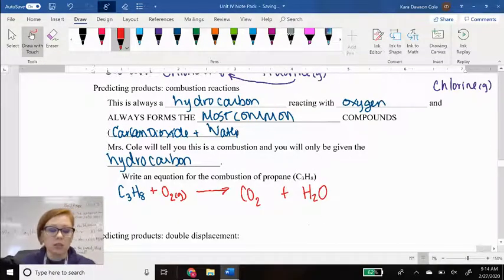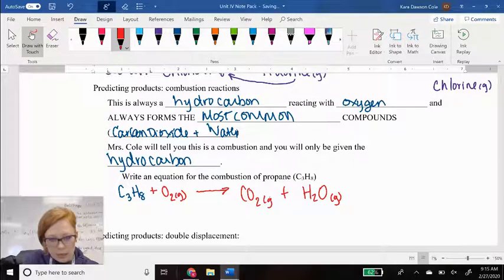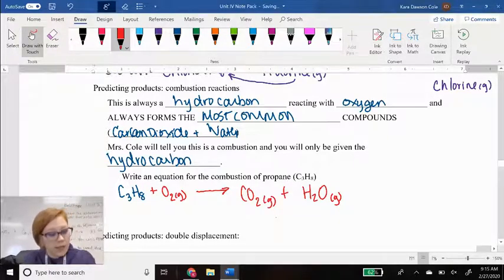Because this reaction is so exothermic, it's so hot, your water is not a liquid. It is a gas. And your carbon dioxide is always a gas. So that is your reaction for the combustion of propane.